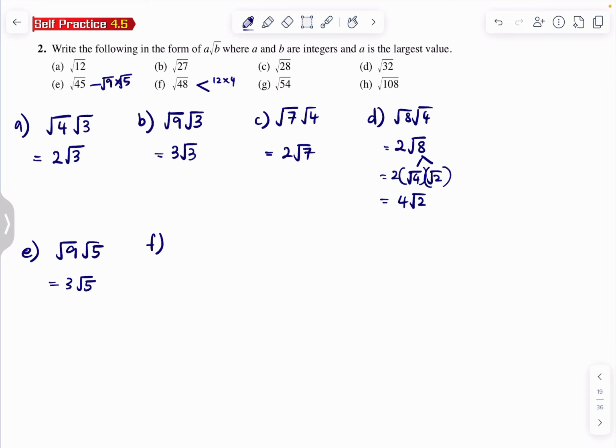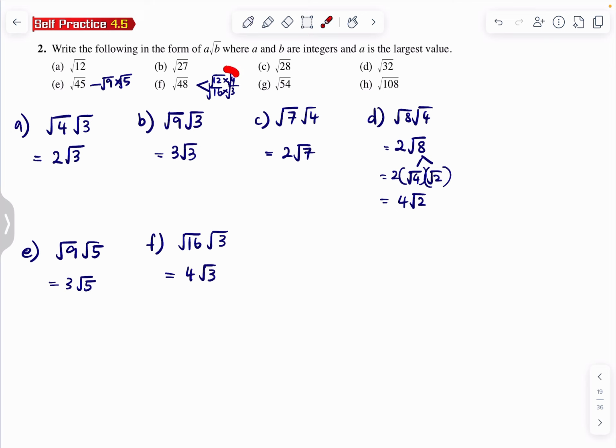Or what else can we do? 16 times 3 also can. So obviously 16 will be the bigger one instead of 4. So we can choose root 16 root 3. So root 16 will be 4. This will be root 3.